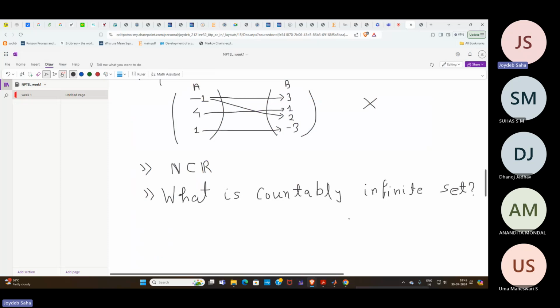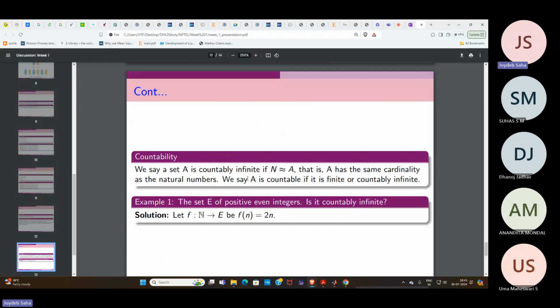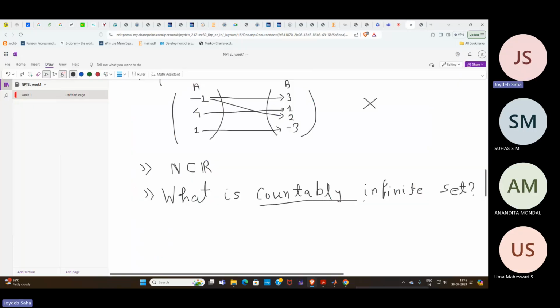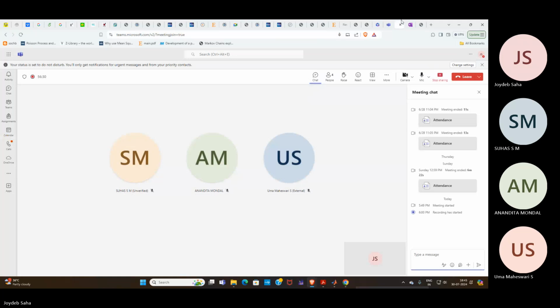Can anyone answer this? What is the meaning of countably infinite set? We are saying countably infinite. Is it like there is an infinite number of elements or something else? Can anyone answer this?